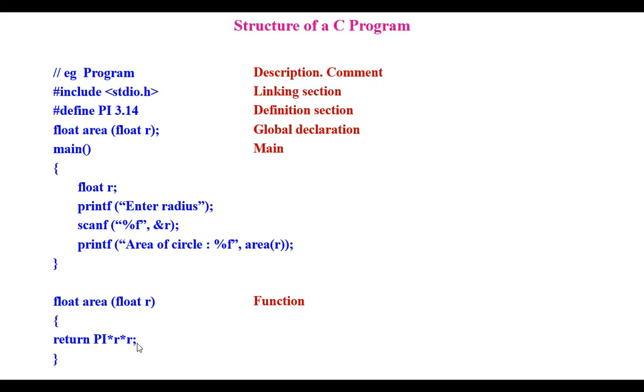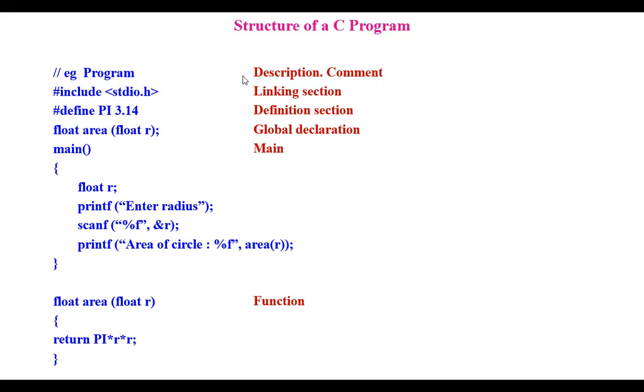It returns this value whenever you use area here. It gives out the value of pi r square, so the pi r square value reflects here. All this percent f, we'll discuss in detail in the coming modules.